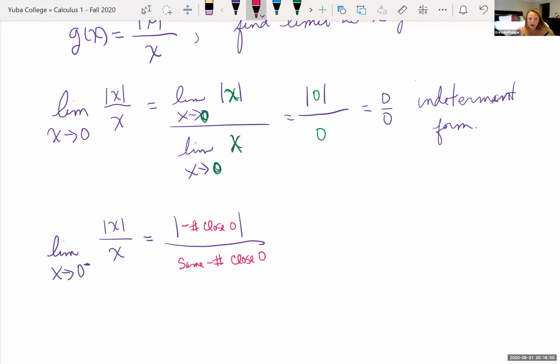Well, if you take the absolute value of that negative number close to 0, it's just the opposite of that, which is positive. So this is going to be a positive number close to 0, all over the negative of the number close to 0.